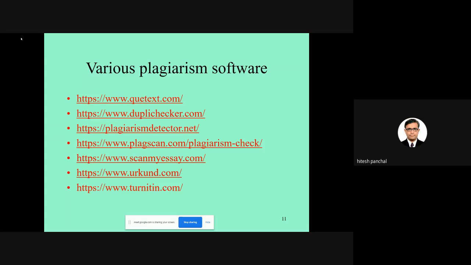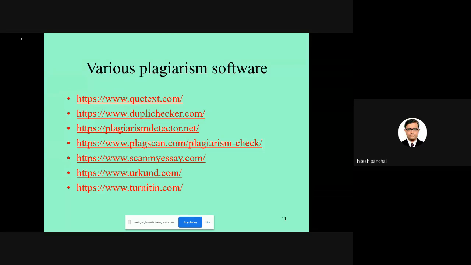If you use one paragraph for plagiarism checking in such software, those sentences will be included in the repository of that plagiarism software.